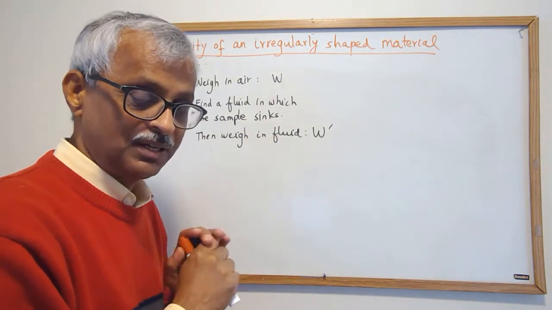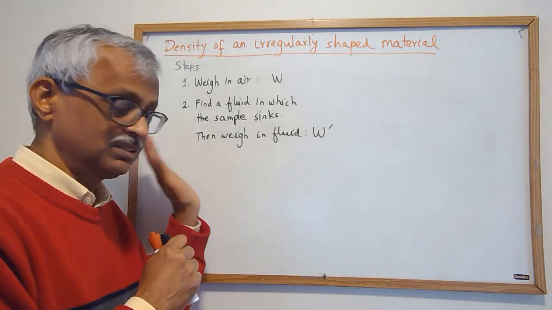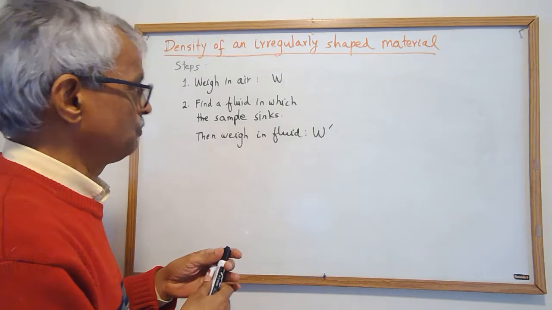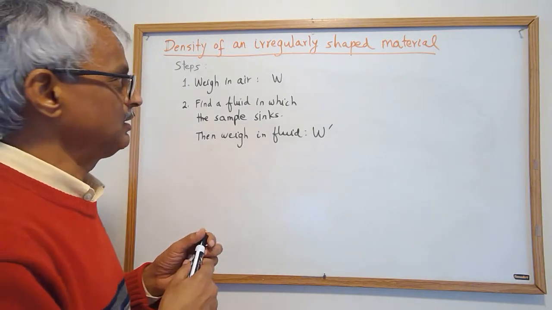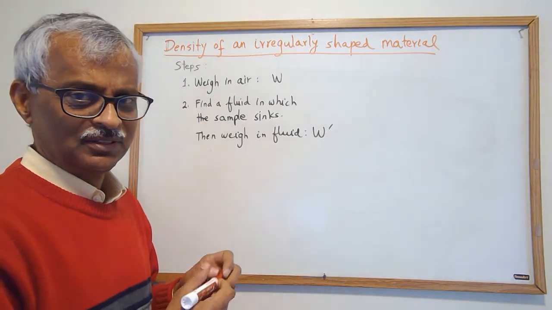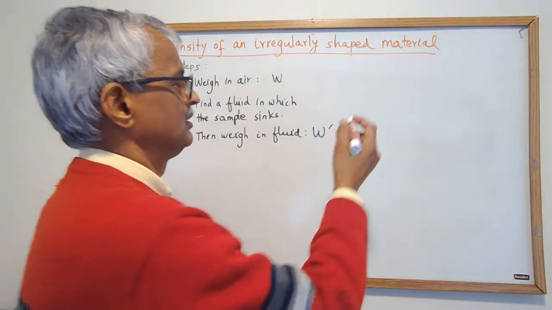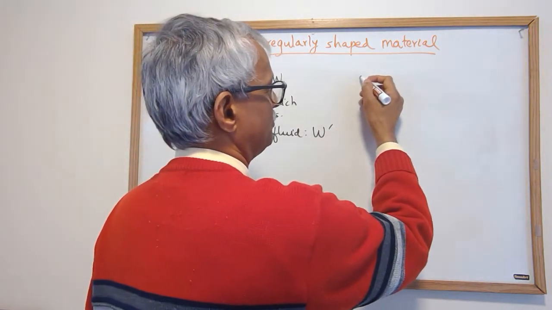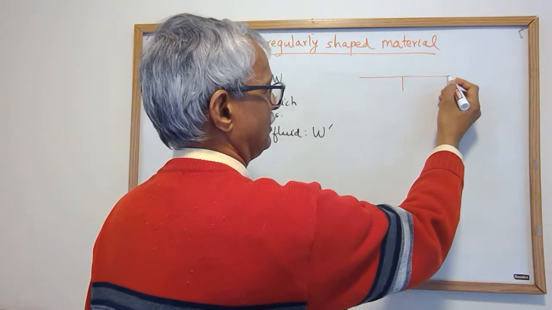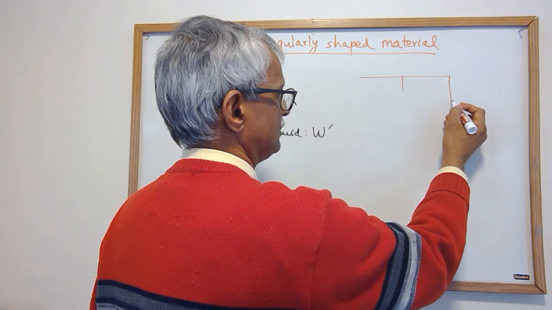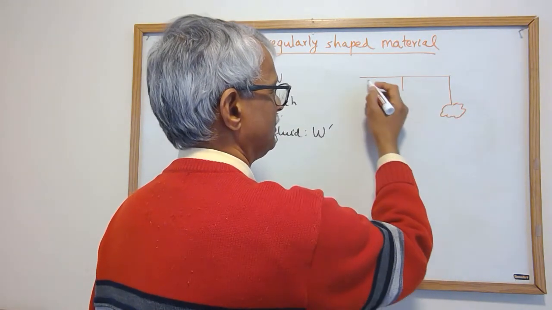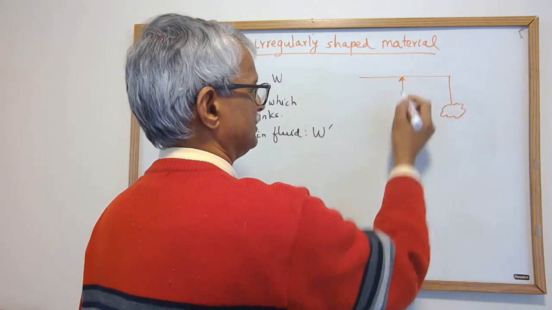So there are a couple of steps. These steps can be done in a lab. The way we do it is we first weigh it in air. So you can have a balance, and you can hang it here, and this is the pivot.